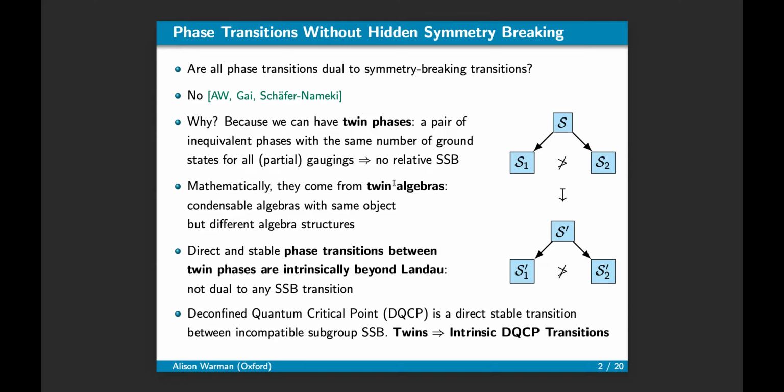I also want to comment that although I'm a physicist, so I will focus on the physics aspect and this application to phase transitions without hidden symmetry breaking, I'm very interested in the mathematics behind this, because the twin phases actually come from twin algebras, which are condensable algebras with the same underlying object, but inequivalent algebra structures. So hopefully this talk will be interesting both to physicists and also to some mathematicians.